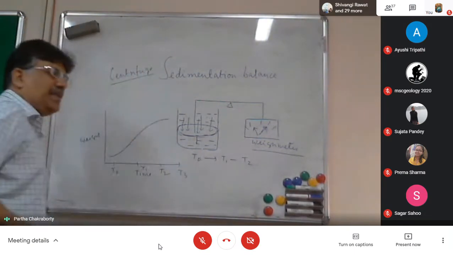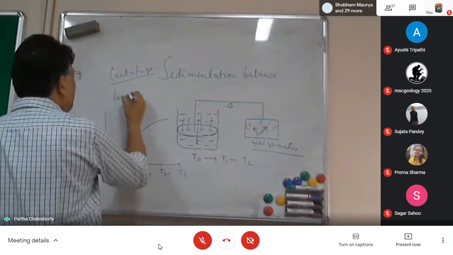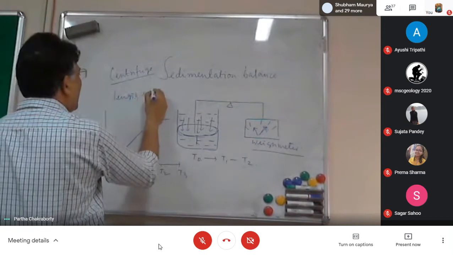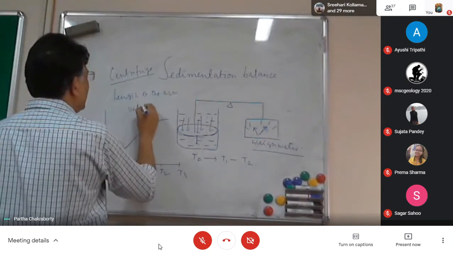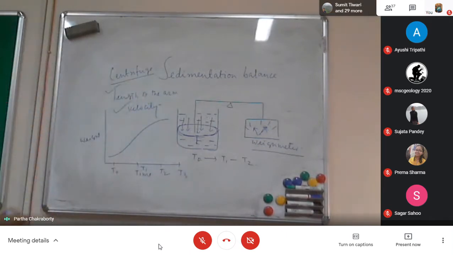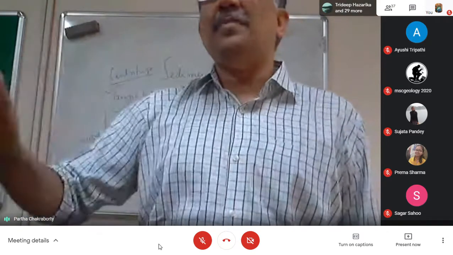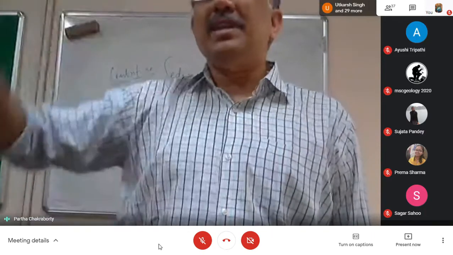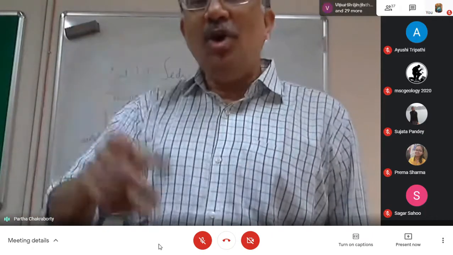What is a centrifuge? In a centrifuge, it depends upon the length of the arm and the velocity. Depending on these two, we can know what length of arm and what velocity is required to centrifuge a particular size of grain.